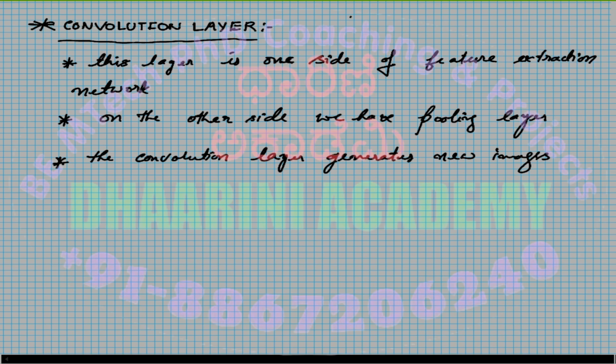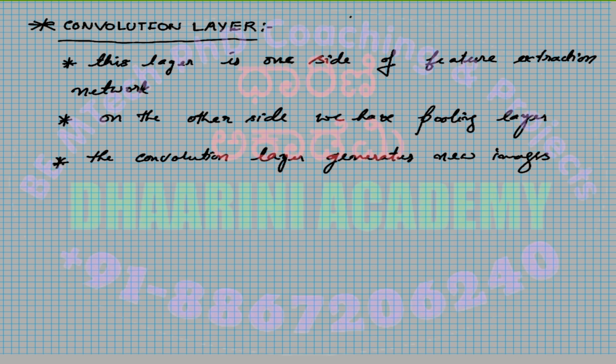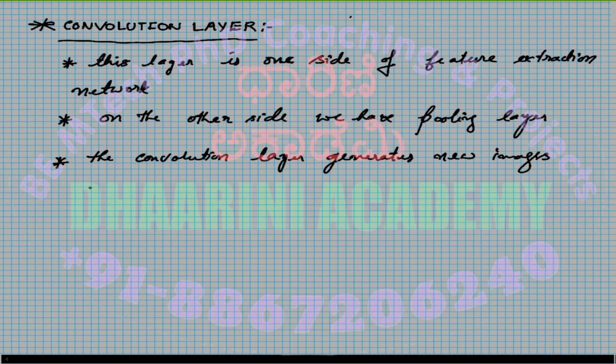So we perform convolution of that input image or input matrix with another matrix, and the resulting answer is also a matrix. So you call it an image. So it generates new images, and we have a name for that: the feature maps.